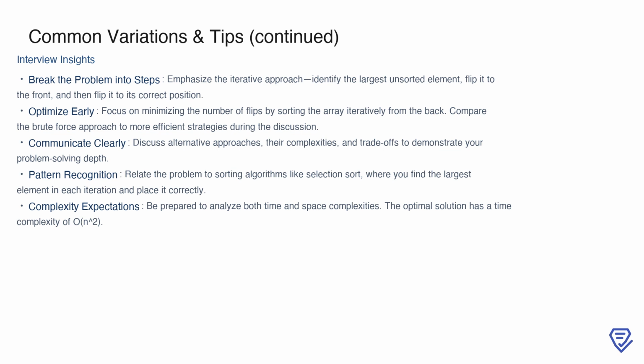Recognizing patterns can also be useful. For example, relate this problem to sorting algorithms like selection sort, where you iteratively find and place the largest element. Lastly, be prepared to analyze the complexities of your solution. The optimal approach for pancake sorting has a time complexity of O(n squared), so understanding why that is the case will strengthen your explanation.